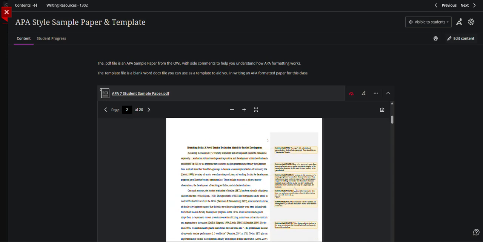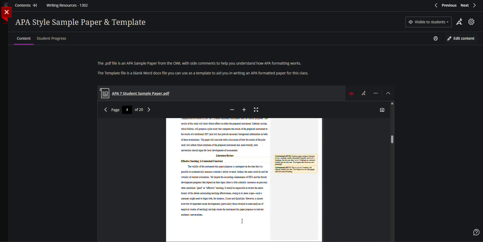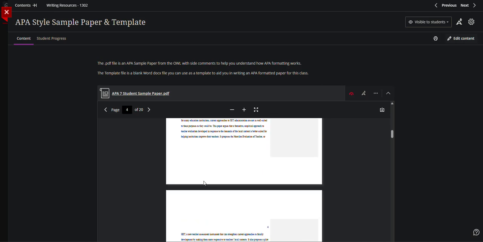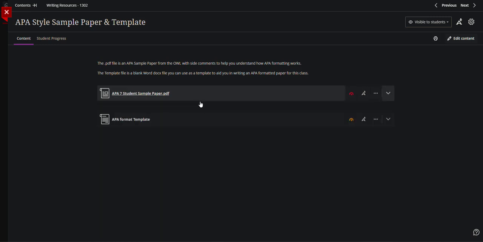So it gives you the comments here about what's being done and why it makes it different. So this is actually kind of useful. It's worth taking a quick look at. There's some different things in APA from MLA that don't seem that big a deal, but they kind of are.